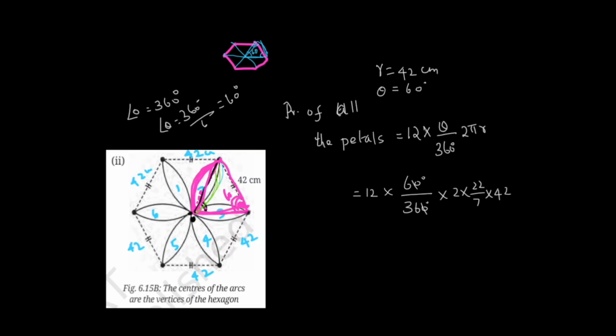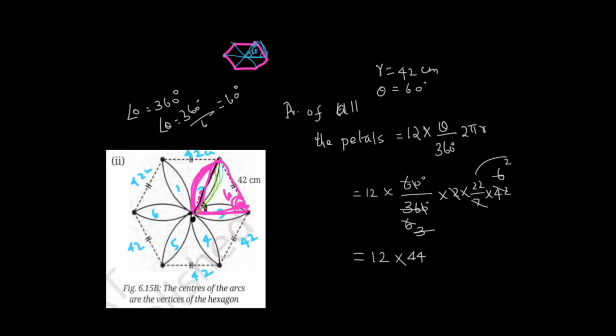0, 0 cancel, 6 times. Then this can cancel 3 times. 6 times, 3 can cancel this 2 times. So now we are having 12 into 22 into 2, 44.